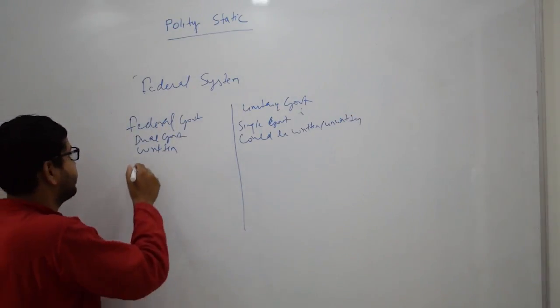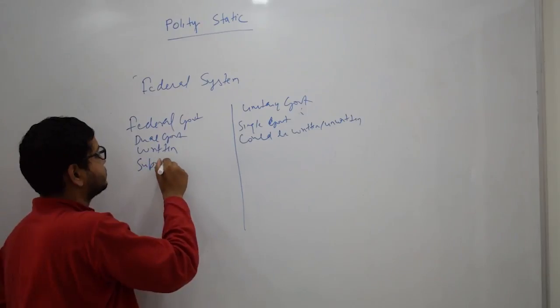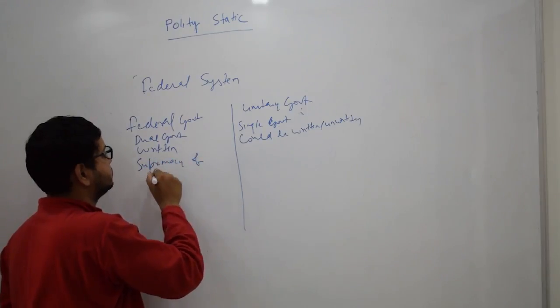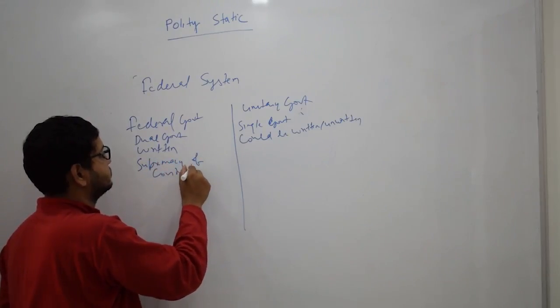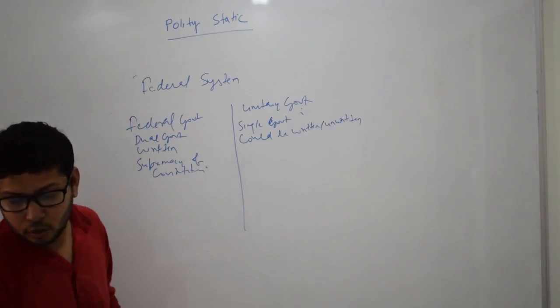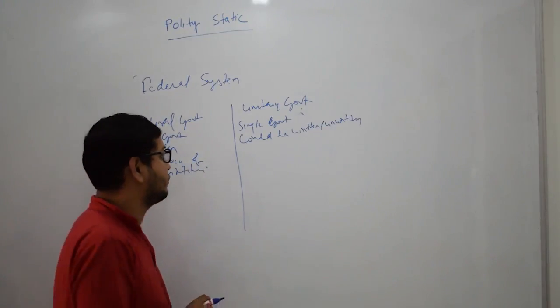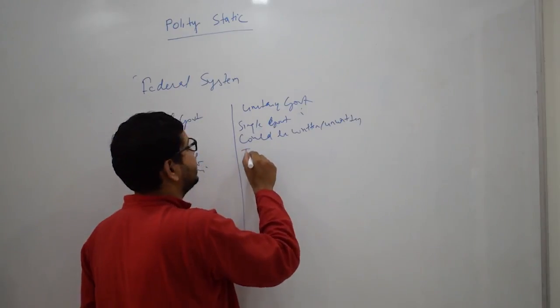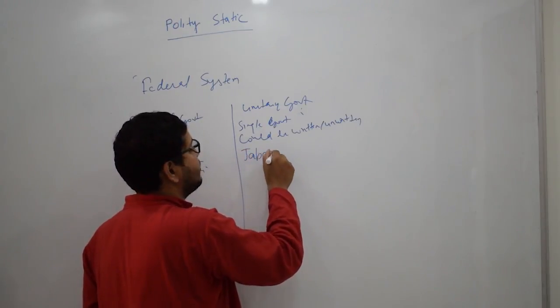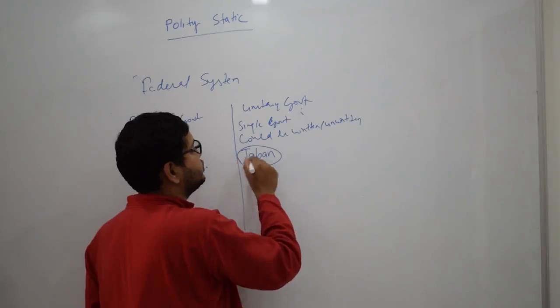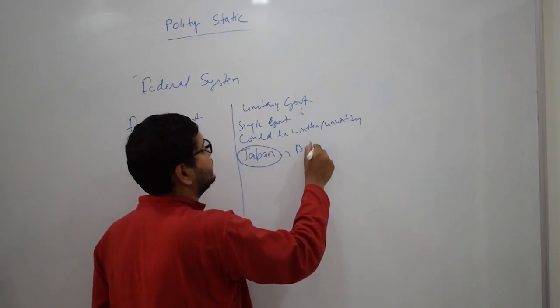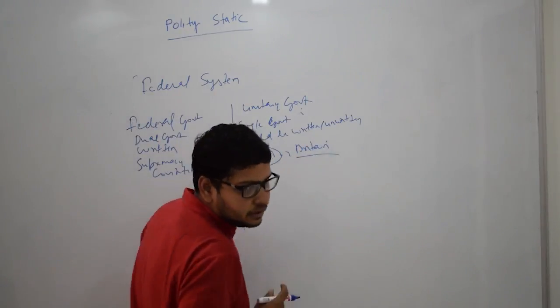Here we have supremacy of constitution. Here there could be or could not be. We have countries like Japan, which are unitary, which have supremacy of constitution. We have Britain, where it is supremacy of the parliament.